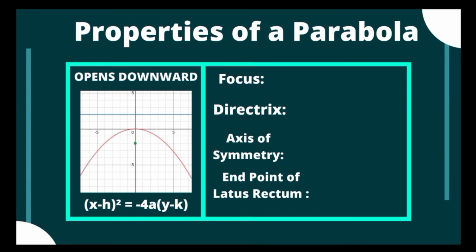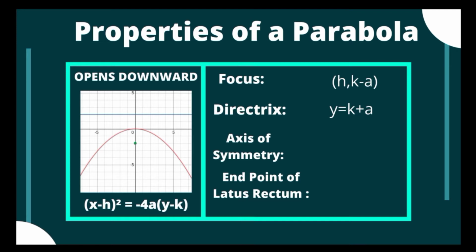The next is when the parabola opens downward. With the x part squared, and the value of 4a is negative. And here's the formula in finding the focus. The focus now is under the vertex. Therefore, we will subtract a units from the value of the y coordinate. So we get h comma k minus a. And for the directrix, we will add a units because it is above the vertex.